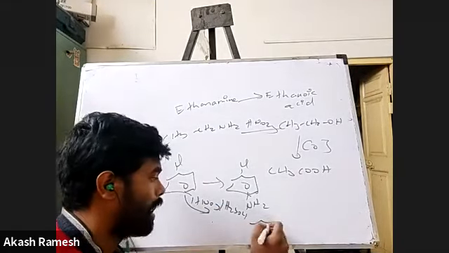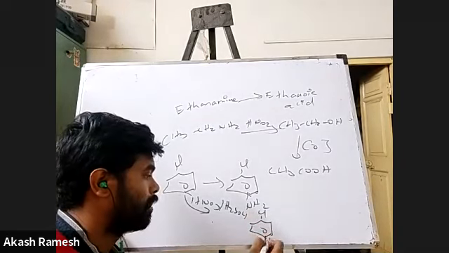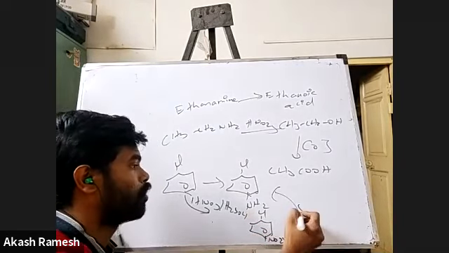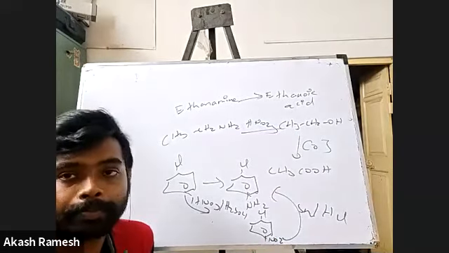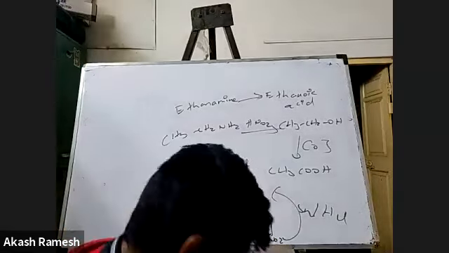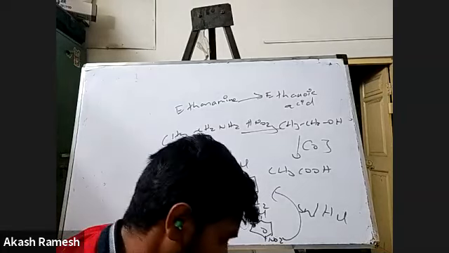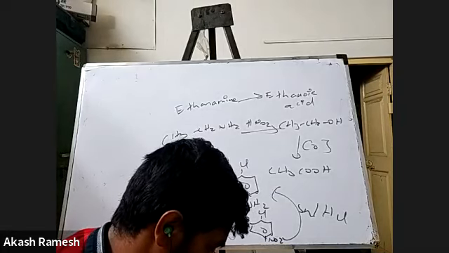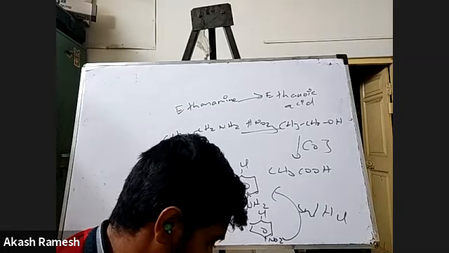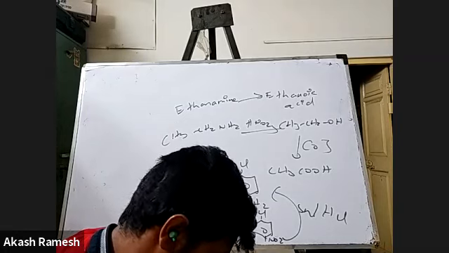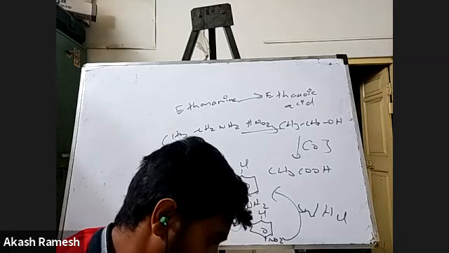So now you will have Cl with NO2, and then you go for Sn with HCl reduction to form this compound. Again, an easy conversion, right? Any other thing?